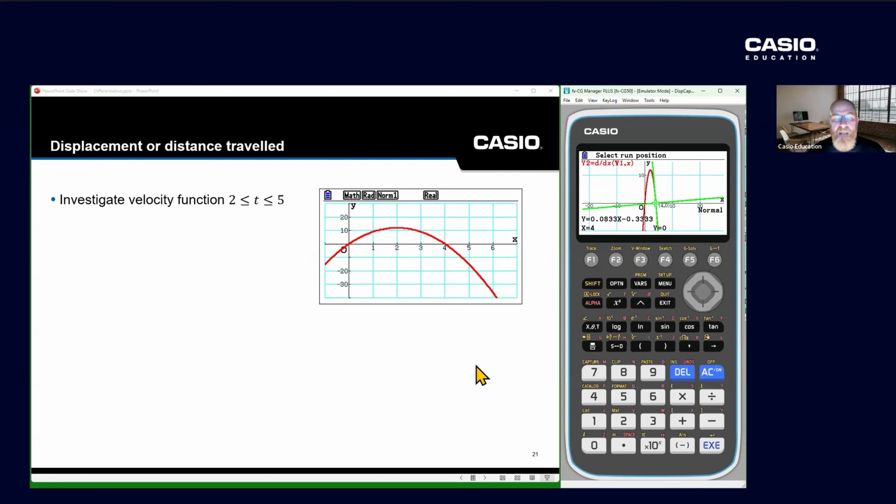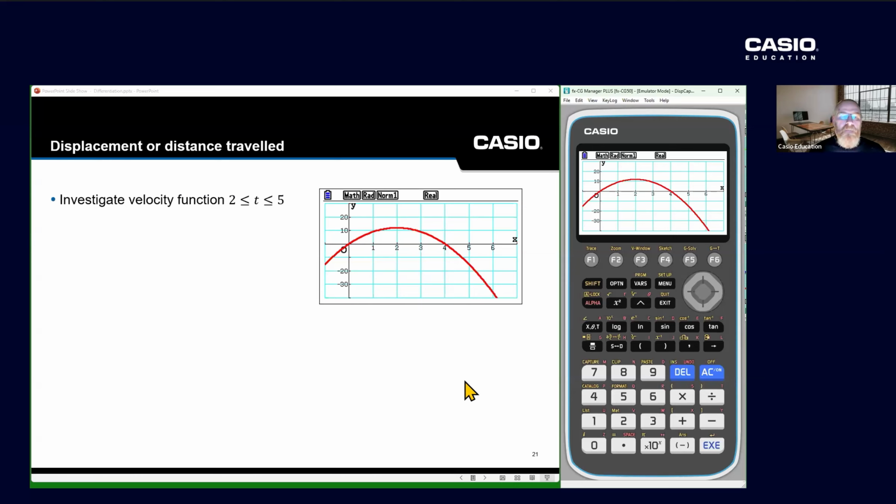This is where it comes in handy that we stored the view window settings, because you can see that they have changed. So Shift, View Window, and vmem allows us to recall from position 1. And if we exit and draw, we get back to our original graph.